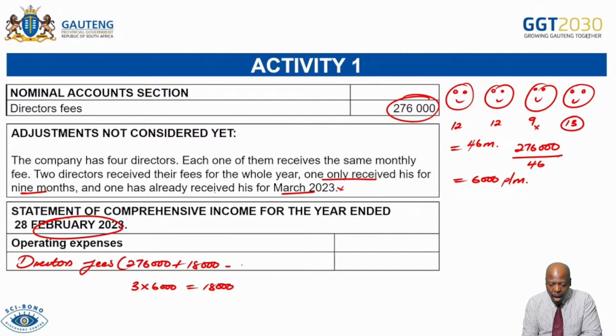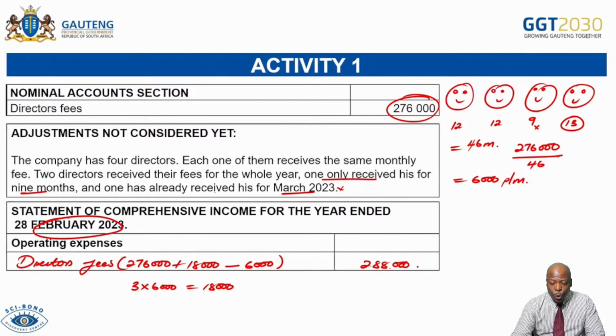So I'll come and say our prepaid expenses must be subtracted, minus 6,000 like that. And then I close my bracket. That should give you around 288,000 like that there. All right, let us continue. I'm going to go on to the next one.